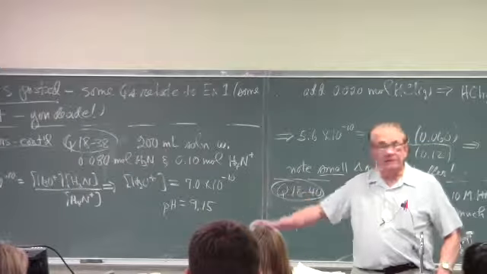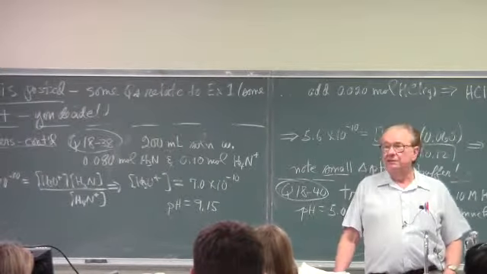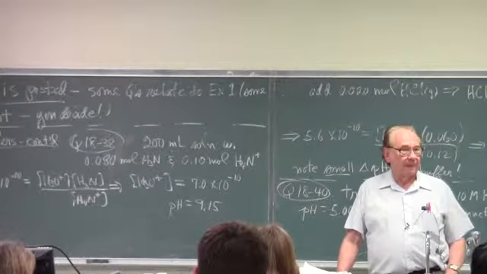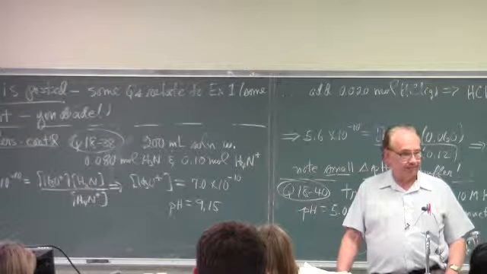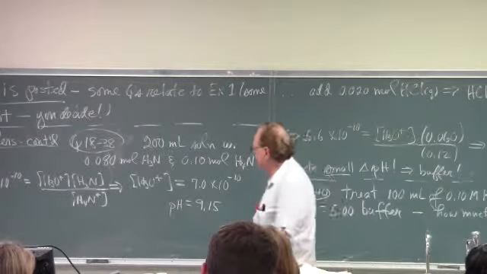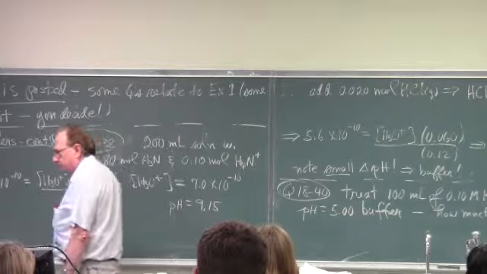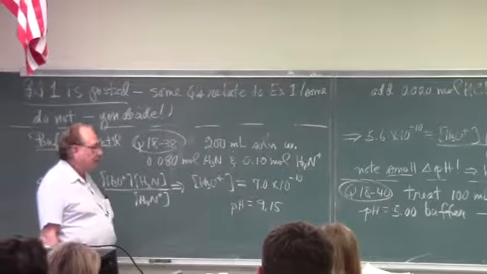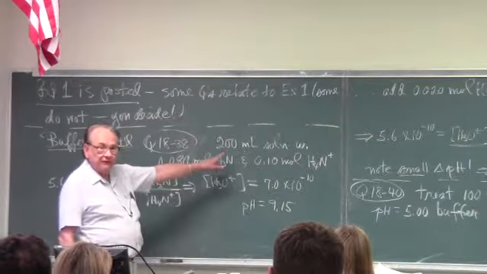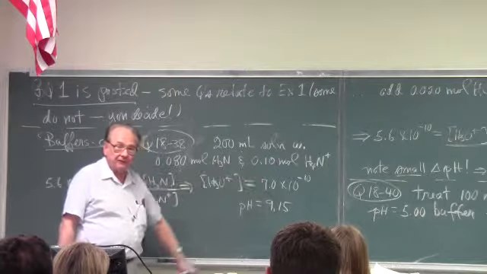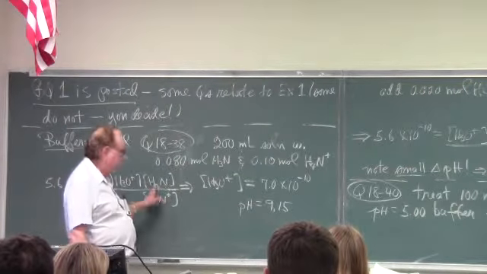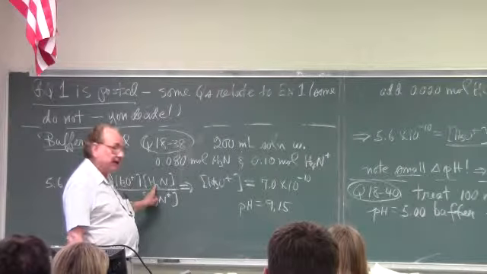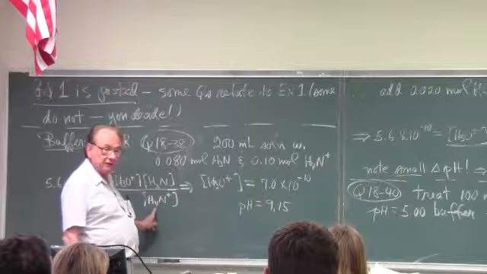You need to allow these expressions to talk to you, so you will know what they mean. If you know what they mean, you'll know how to handle them. If I convert these values to molarities, I will do so by dividing this by the solution volume, 0.2 liters, and this by the solution volume, 0.2 liters.